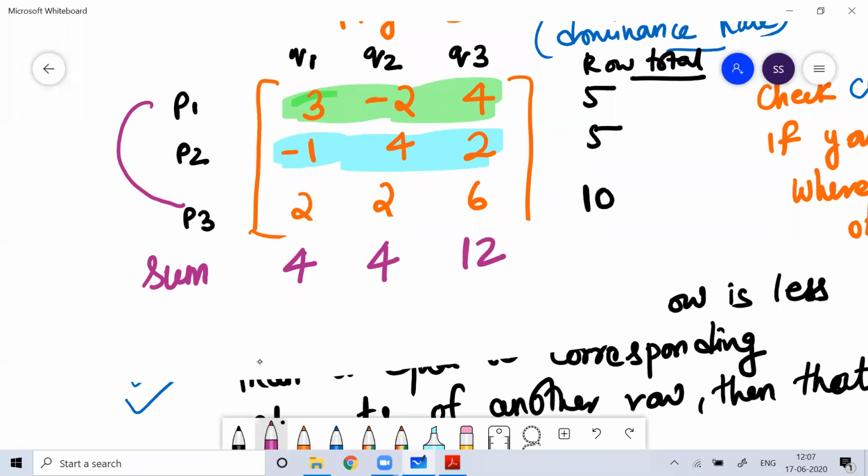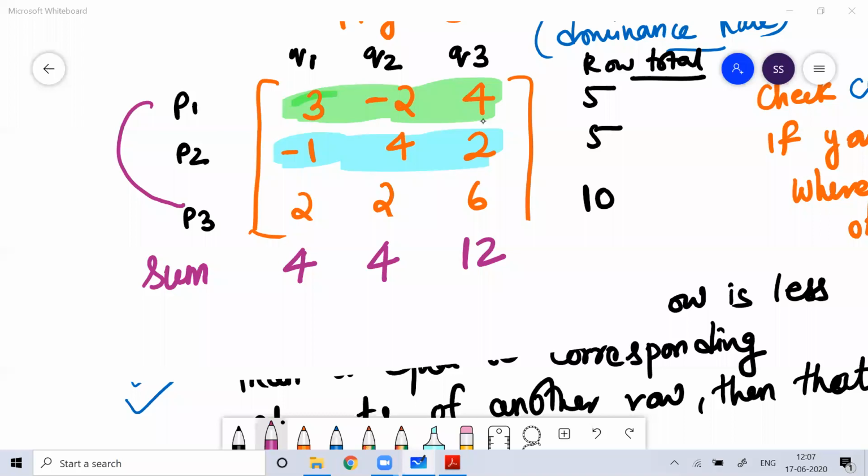So column wise find the sum: 4, 4, 12. Now see if any column is dominating. The reason why I'm finding the sum is that through the sum I can easily get an idea about which column is dominating.